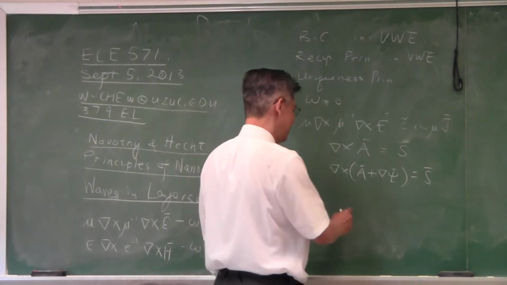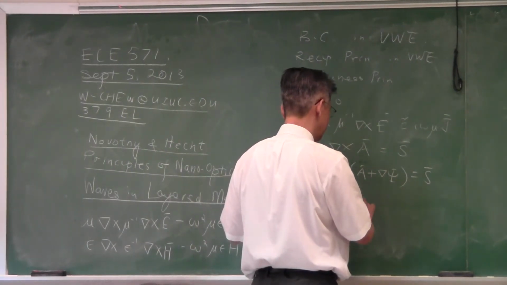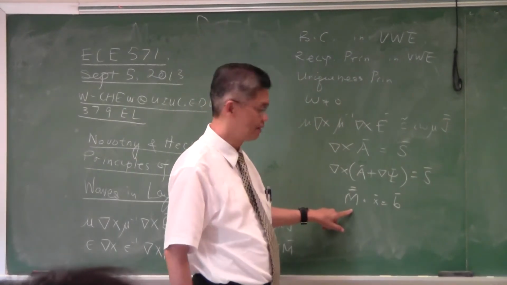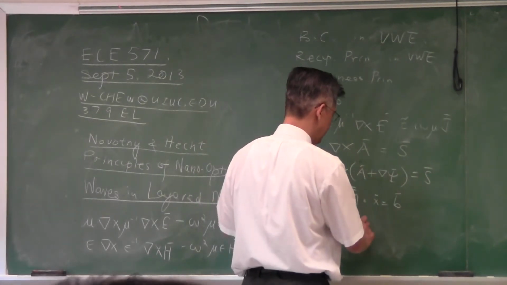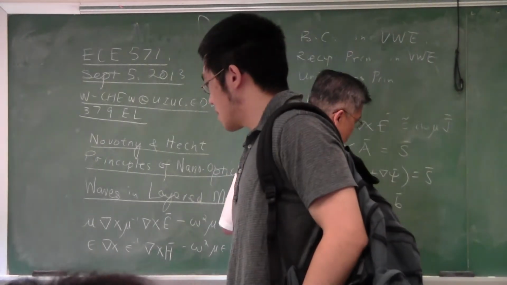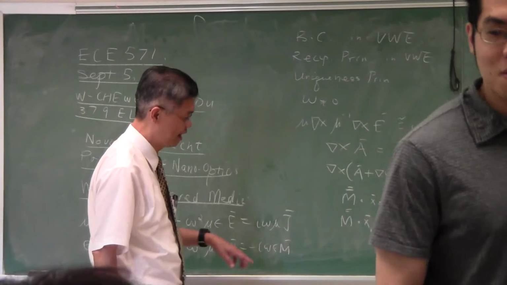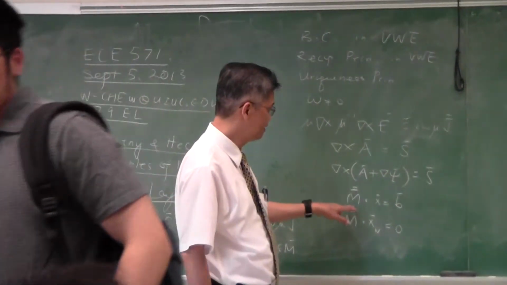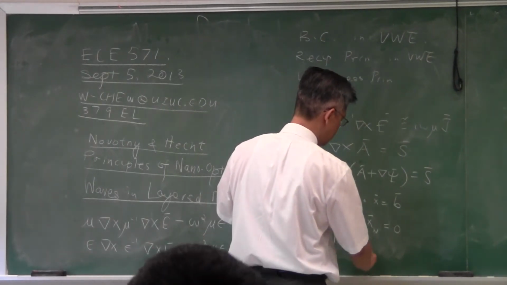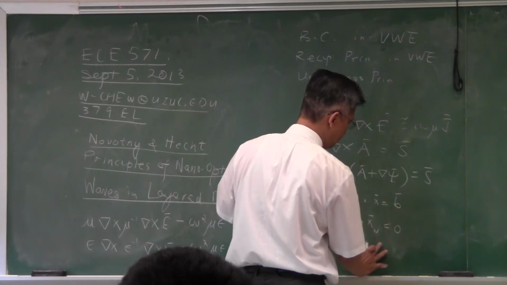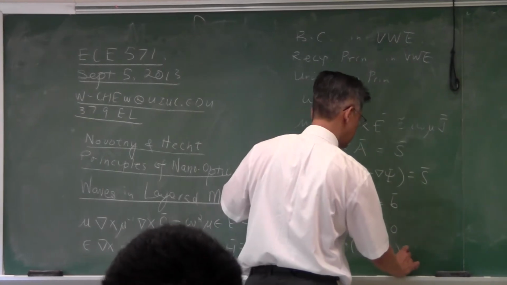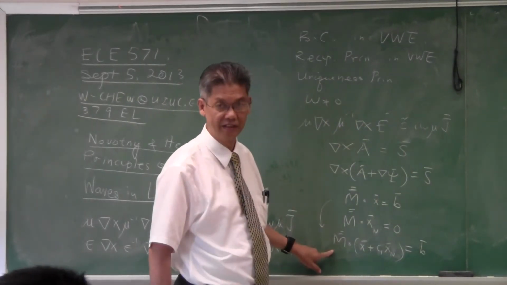And another way of saying this is very much the same as a matrix equation, M dot x equals b. And if this matrix M has a null space, which means that there exists a vector x_n such that M x_n equals 0, then this equation has no unique solution, because I can always add a null space solution of arbitrary amplitude to this thing, and it will still always satisfy the same equation.